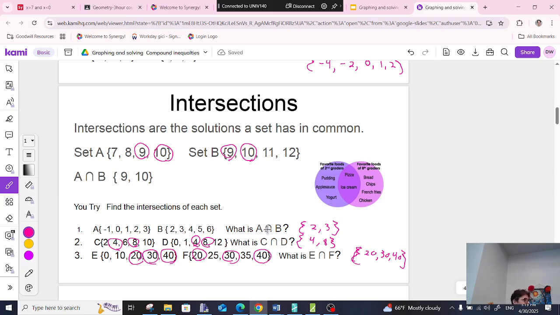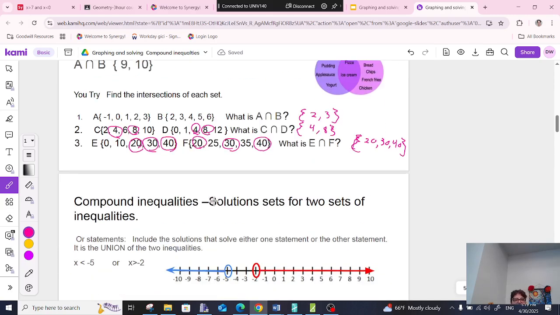We know the difference between this won't be on my test. Okay, I'm not going to put Venn diagrams on the test, but I needed to explain them because now we're going to compound inequalities. Because it turns out ors are unions and ands are intersections.